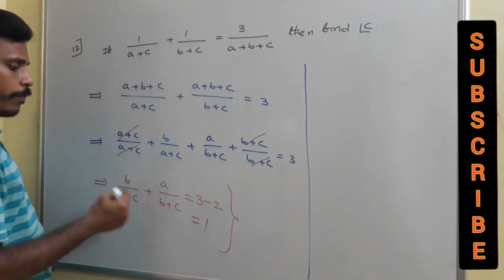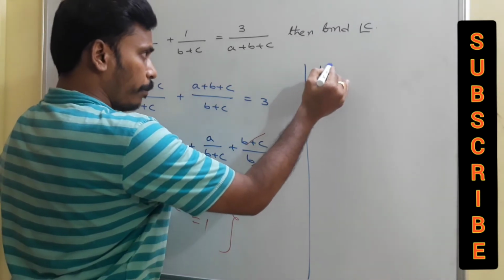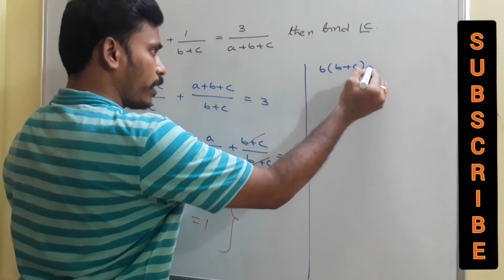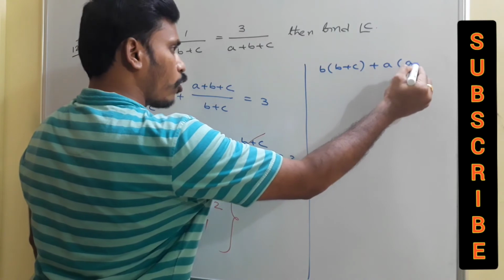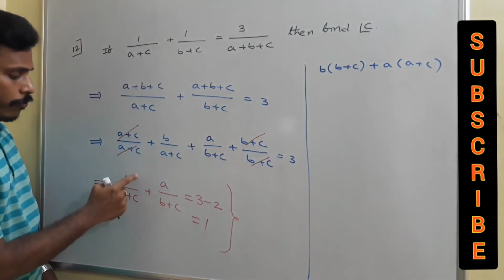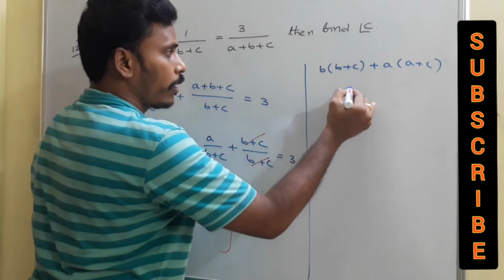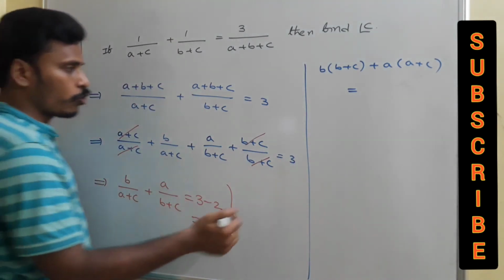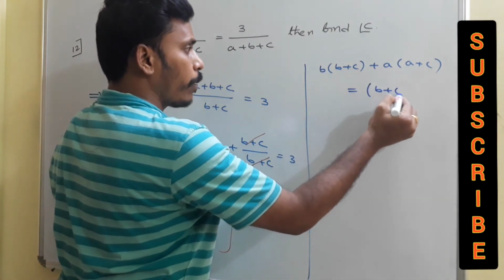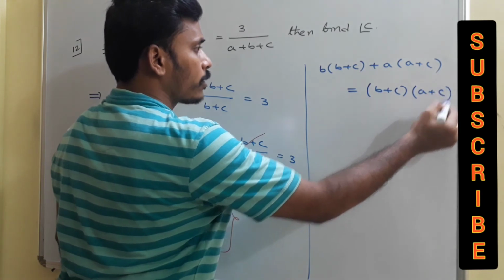Now think about it, how to find angle C. Just do LCM, okay? If you do LCM, what will happen? b times of b plus c plus a times of a plus c is equal to the product of these two. If you send that side, it becomes b plus c into a plus c.